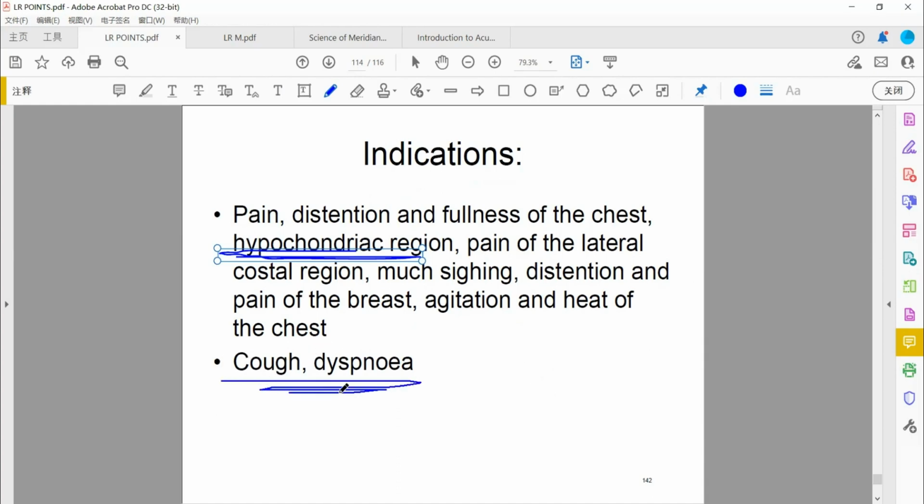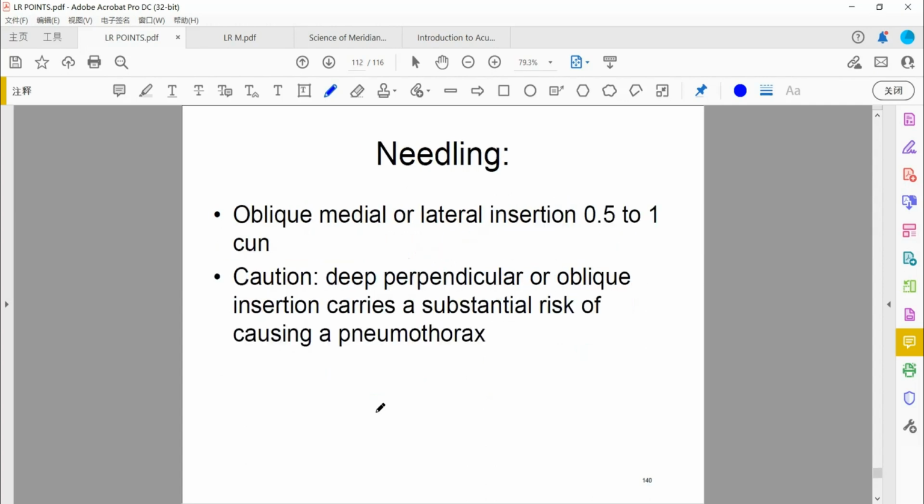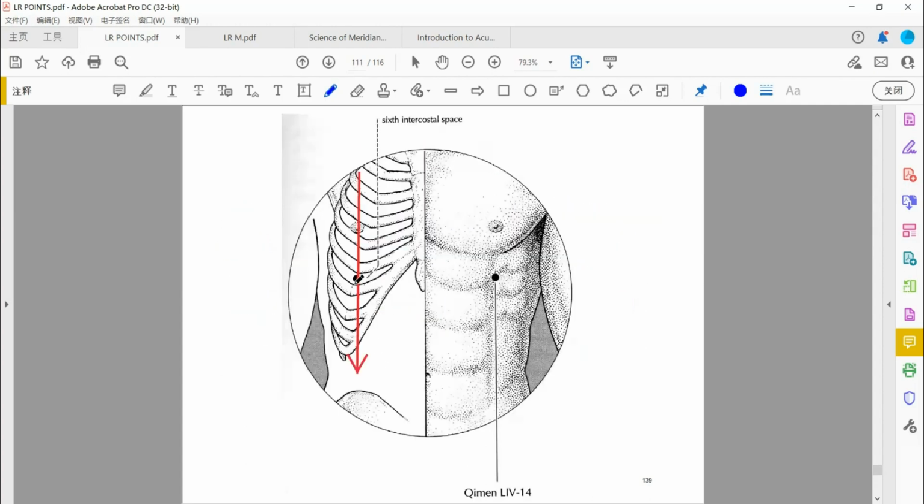Cough and dyspnea, that's the lung. Think about the lung and the liver, and use the 5 elements to think about their relationship. Also, you can explain why it's good for cough and dyspnea by looking at the location: the chest region, where the lung is.